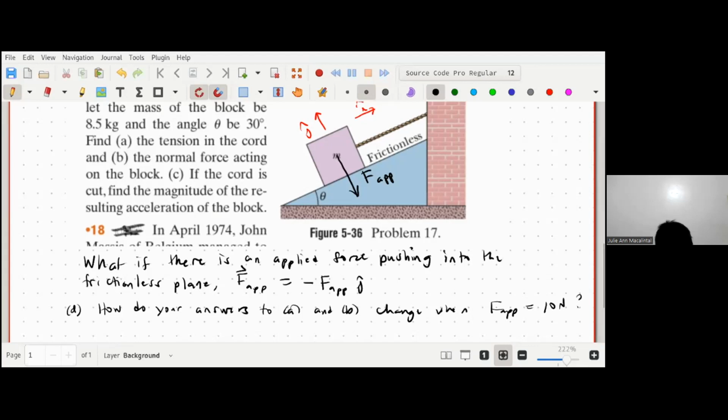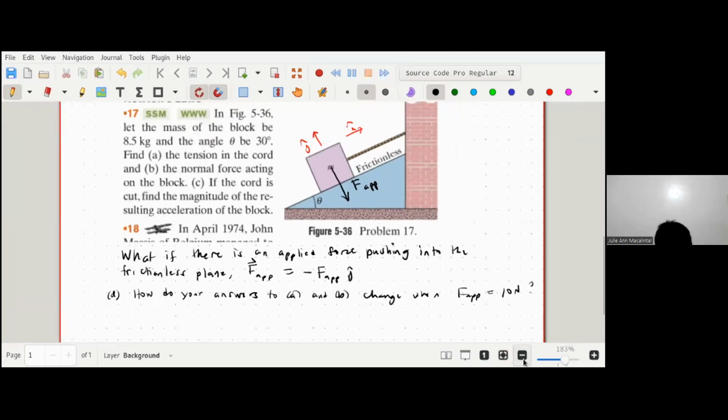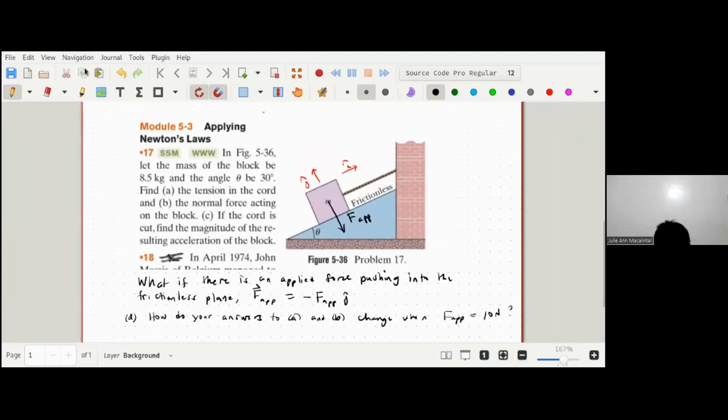Kaya screenshot ko lang. And then we'll consider what if variable na yung F applied.